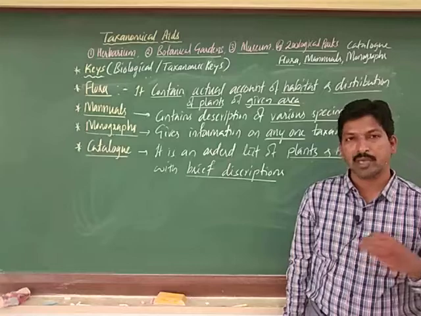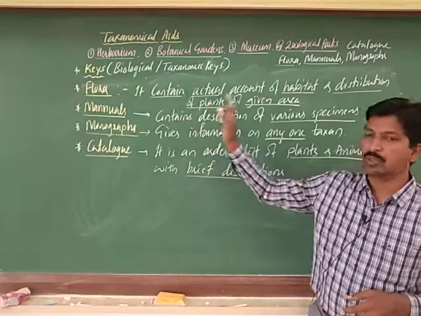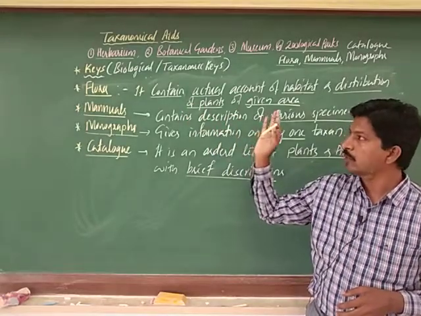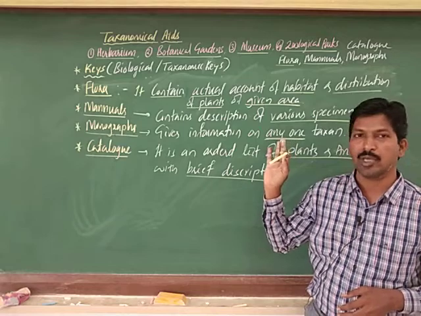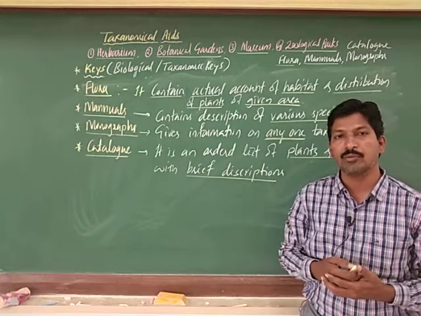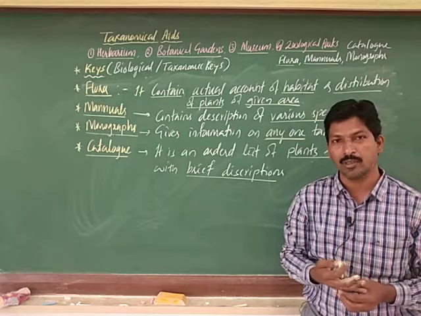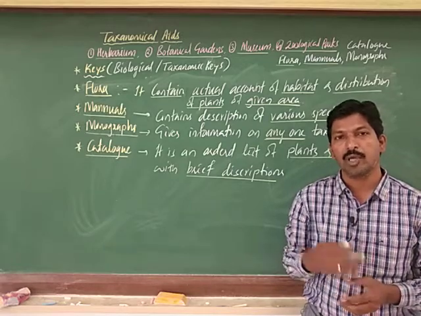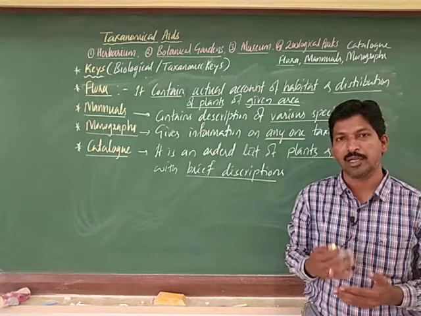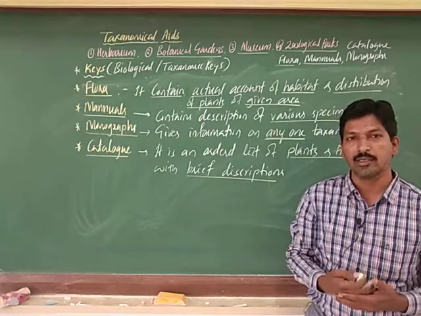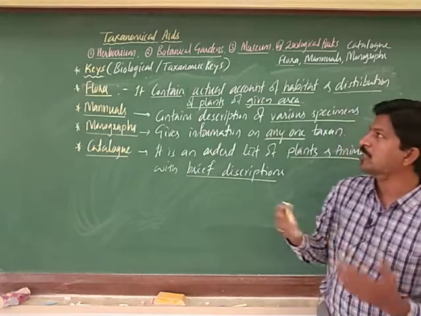So, in examinations, taxonomical tools are also important. Every point is important here, okay, because they will give statements related to these. Four options will be given, and you must say which of the statements is wrong or right related to either museum or garden. Okay. So, for example, alternative meanings are also given.